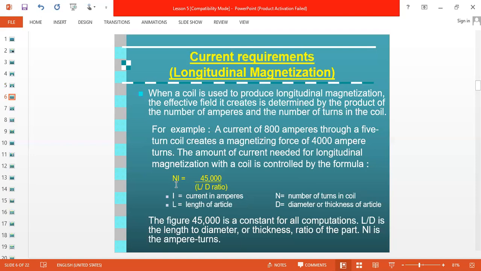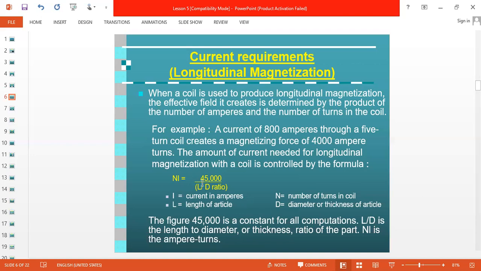I means current in amperes. The 45,000 is standard, L means length, and D means diameter. Based on this we find the ampere turns. If you want the reading in amperes, we divide the total value by the number of turns.